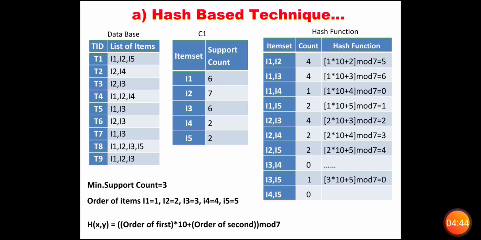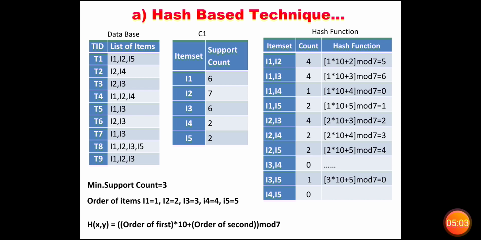This is going to be converted into the C1 table. In the C1 table, we take all items individually and find the support count for each and every item.